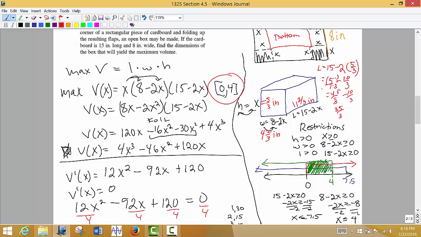So the dimensions of our box: the height would be 5/3 inches, or 1 and 2/3, either way you want to think about that. The width would be 4 and 2/3 inches, and the length of the box would be 11 and 2/3 inches.